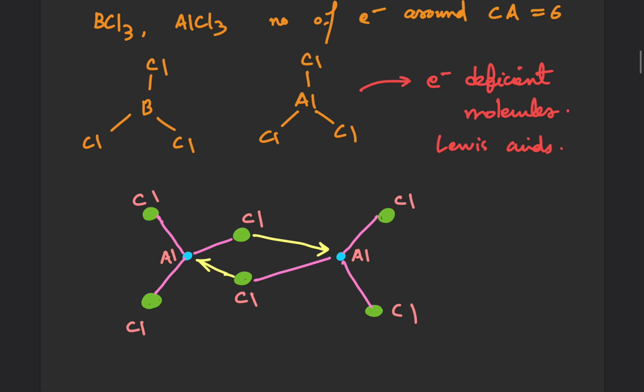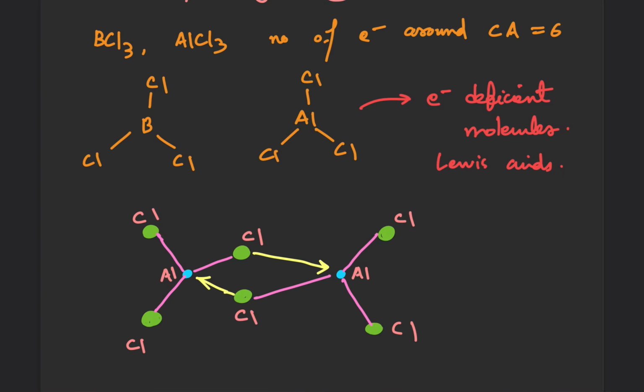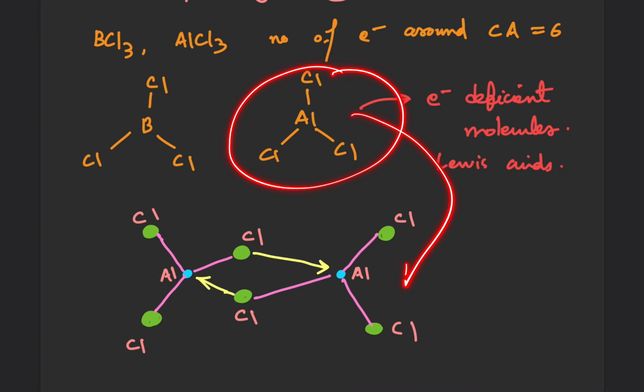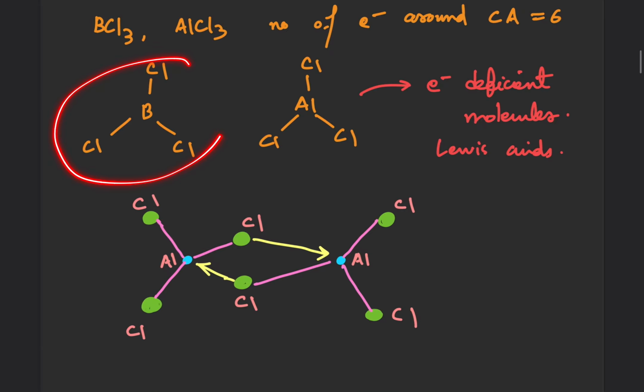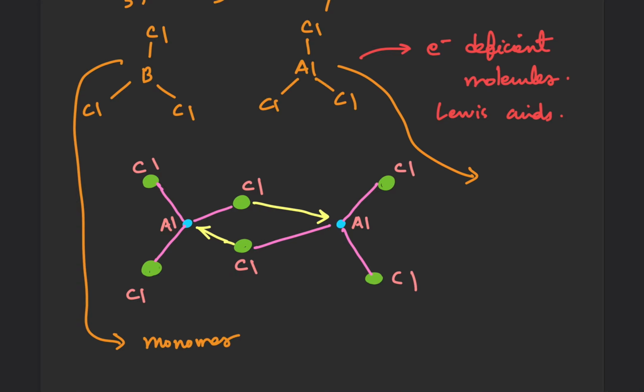Okay, so the point is that only aluminium halides, for example AlCl3, exist as dimers, but boron halides, for example BCl3, exist only as monomers. Okay, very important. So this guy exists as a monomer and this guy exists as a dimer, as you can see.